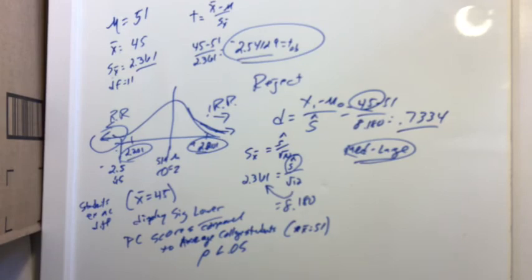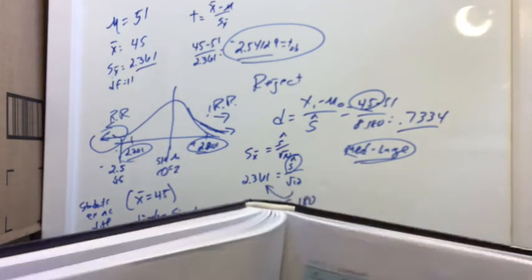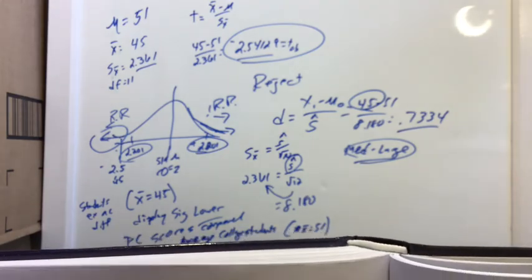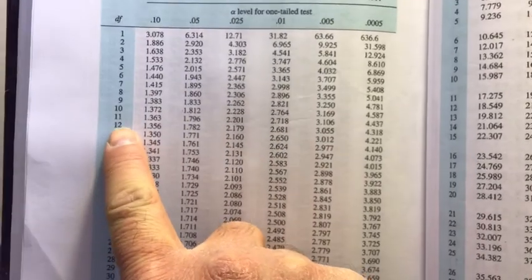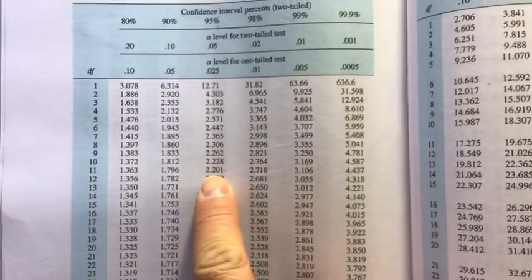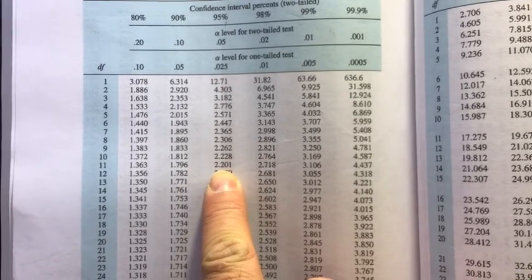So this final thing is we need to find out how far we can go lower. If we go back into our textbook, this is probably just a little bit of extra stuff that we really need to understand. So if we've got degrees of freedom of 11, and we've got this 2.201, that's the alpha level of a two-tailed test of 0.5.